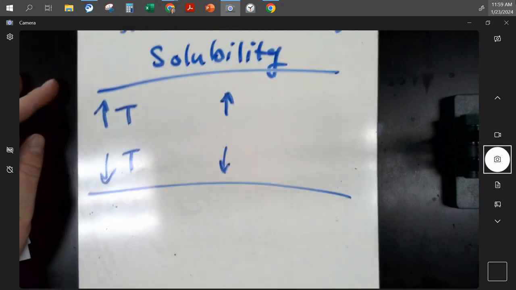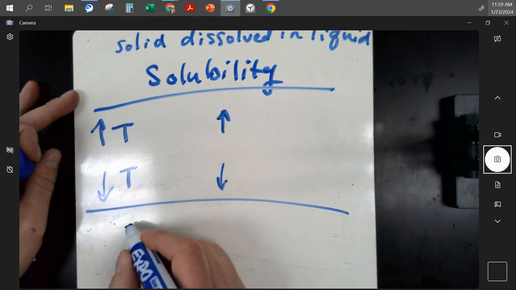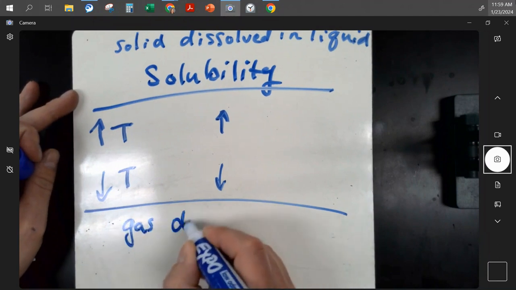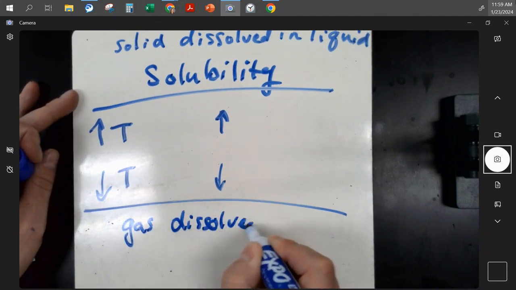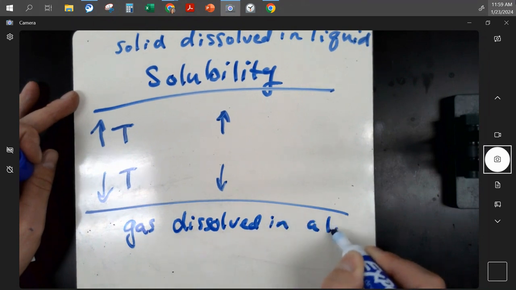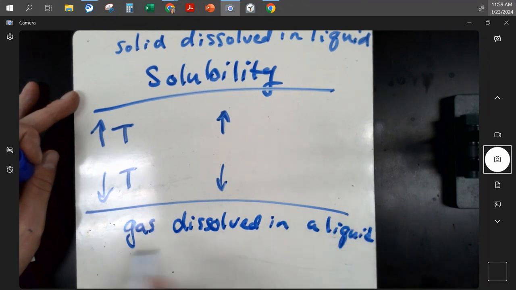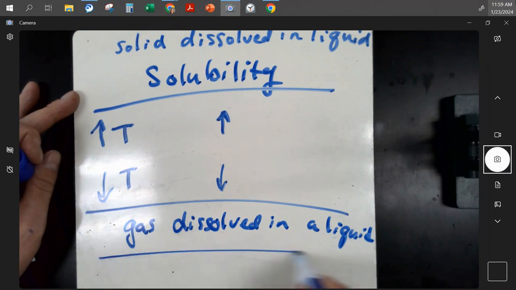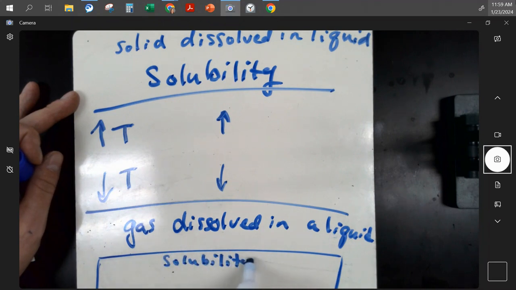The other one that we're going to think about is a gas dissolved in a liquid. Carbonation. Yes, like carbonation. So I think carbonation is going to be the best thing to think about here. So we're looking at solubility of the gas.